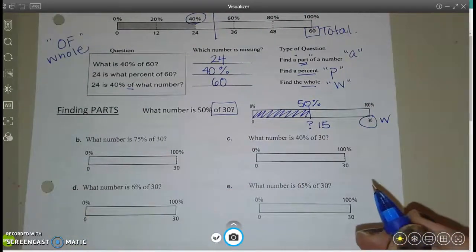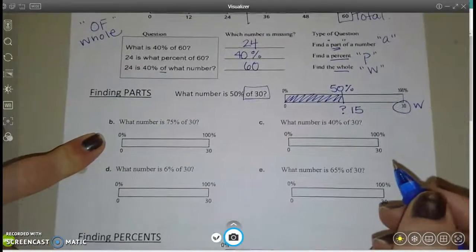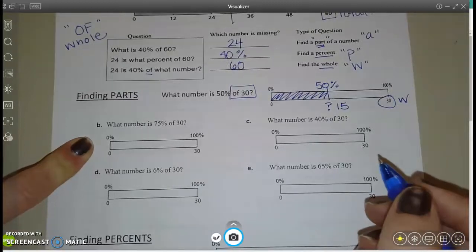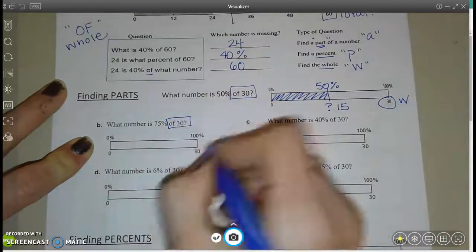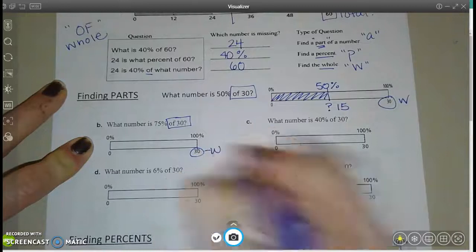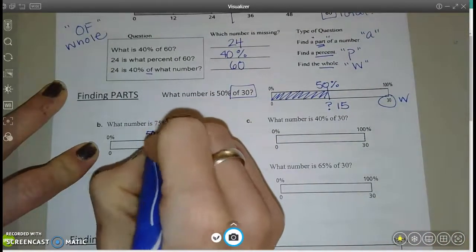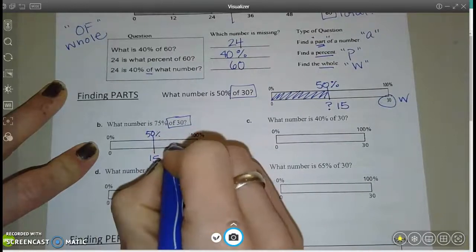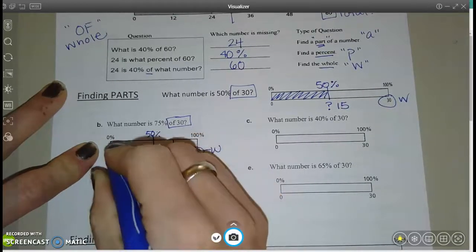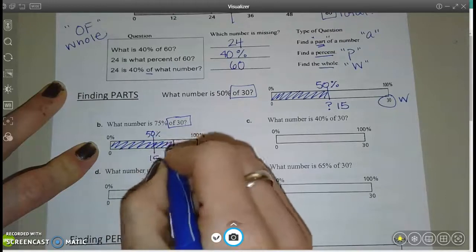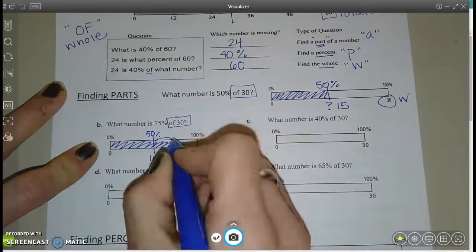I'm going to do another one here. How about 75% of 30? "Of 30" tells me that's my whole. I know 50% here, we just talked about that, would be 15. 75% would be another 25% past 50.